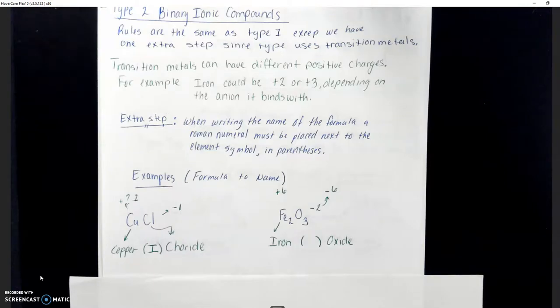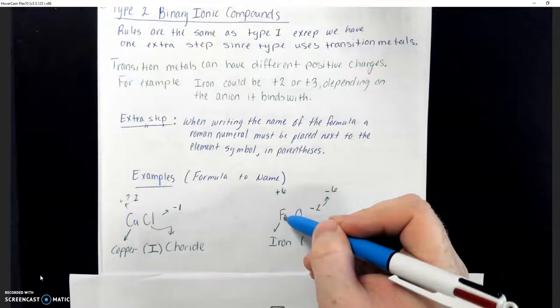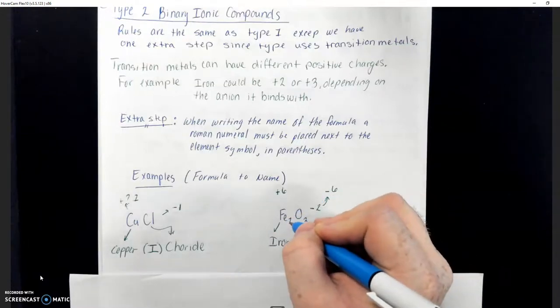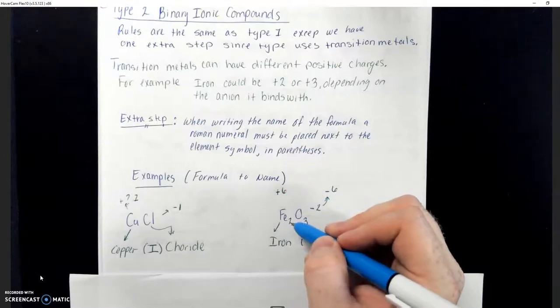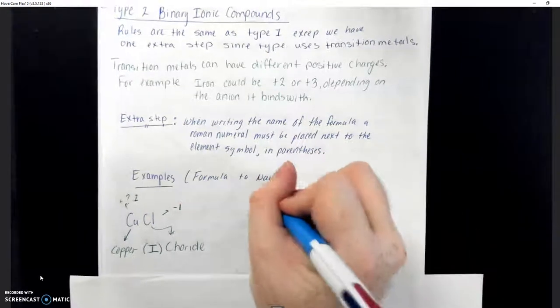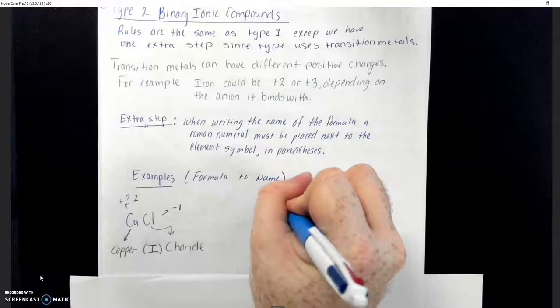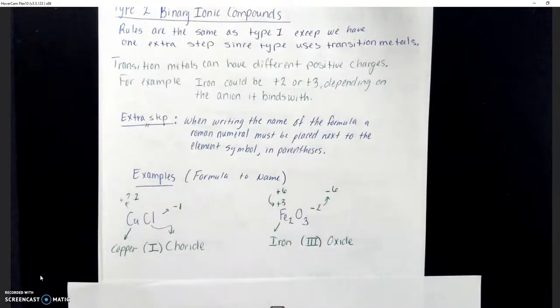If you said no, then you are correct. The iron on its own is not +6. We have 2 irons total. Okay? So how does a +6 charge equally divide into 2 ions? What is the charge on each ion? +3. So this is iron(III) oxide. Iron(III) oxide.